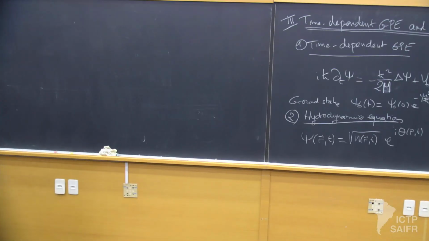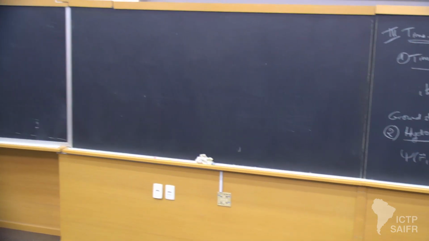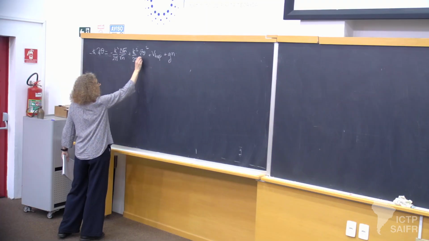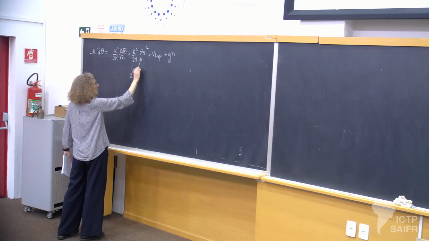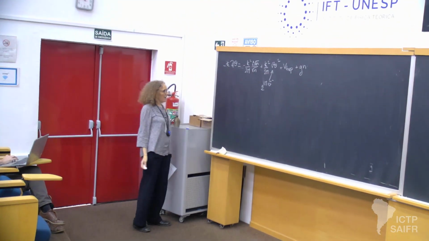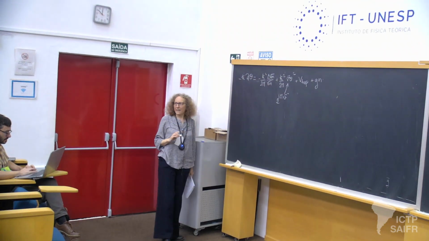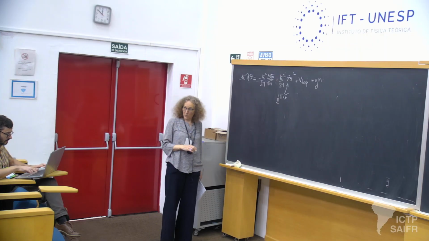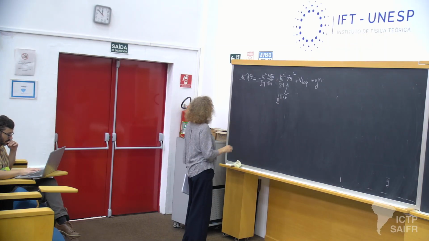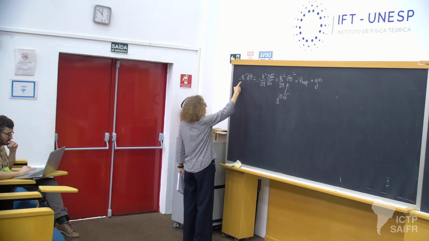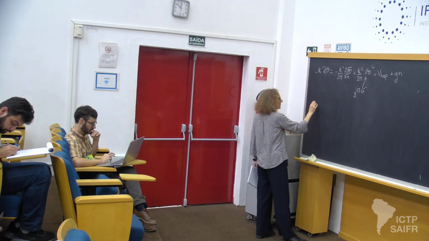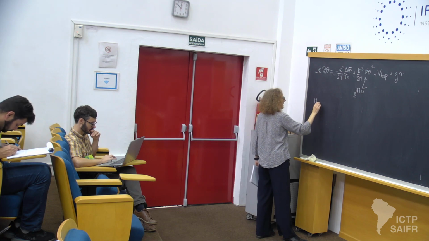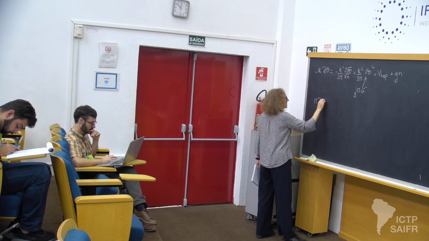Okay, and so what I want are equations on the density and the velocity. So this is almost the velocity. This is 1/2 of m, the velocity squared. But to have the velocity, I need to take the gradient. So if I take the gradient, I have m times the derivative of the velocity.